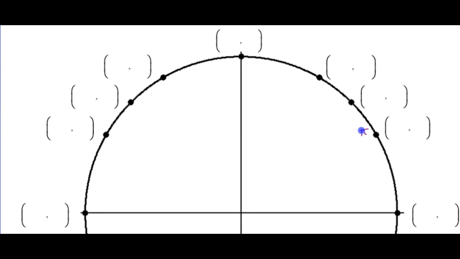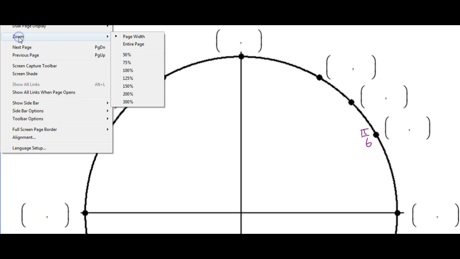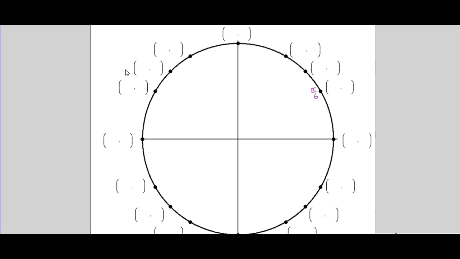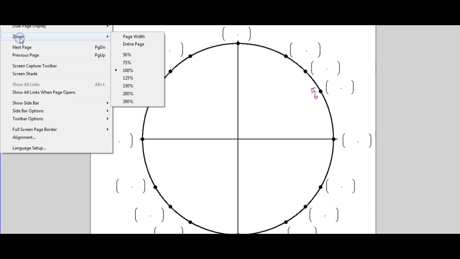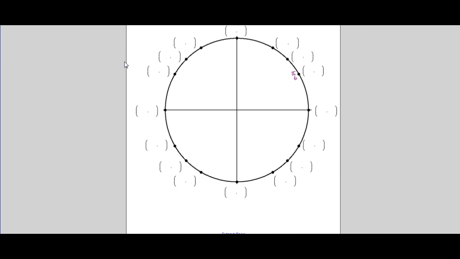So this is pi over 6. Let me shrink this a bit so it fits. Okay, let's start here.